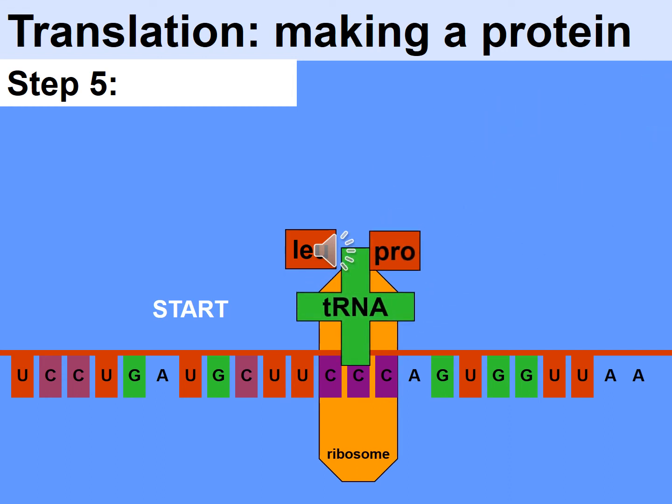Okay, so continuing with step 5, the next thing that happens is that the ribosome will scoot over to the next reading frame, which in this case is CCC. So the ribosome will scoot over and land on the next codon, which is CCC. And then the tRNA that recognizes CCC says, "Hey, that's my thing.